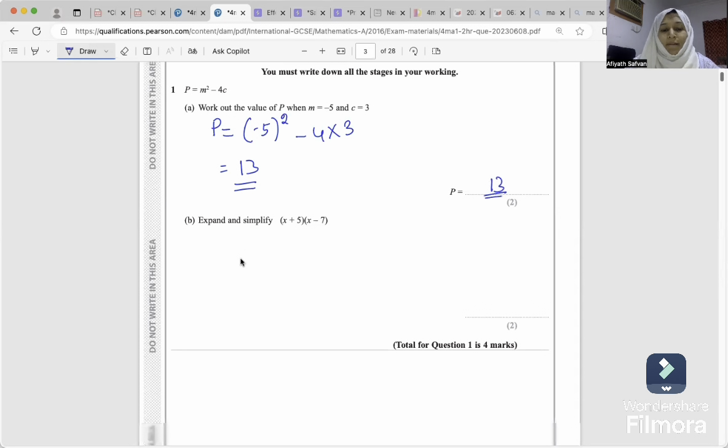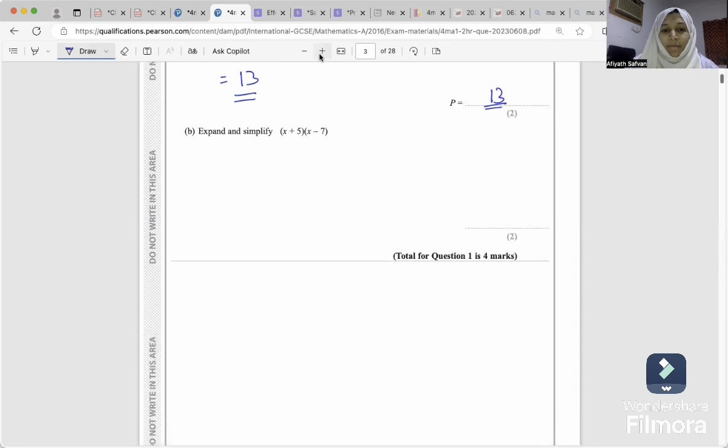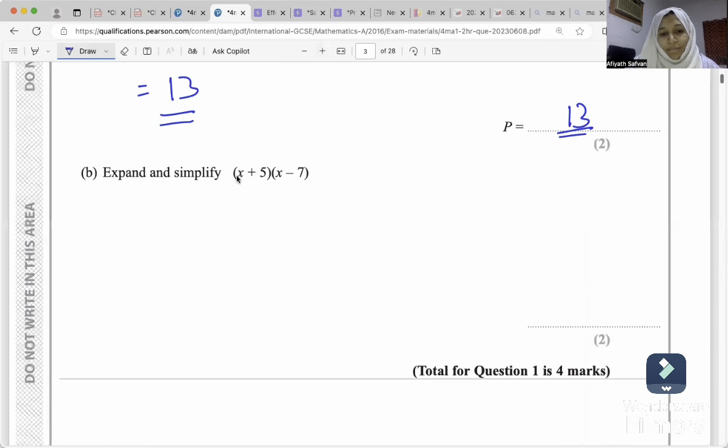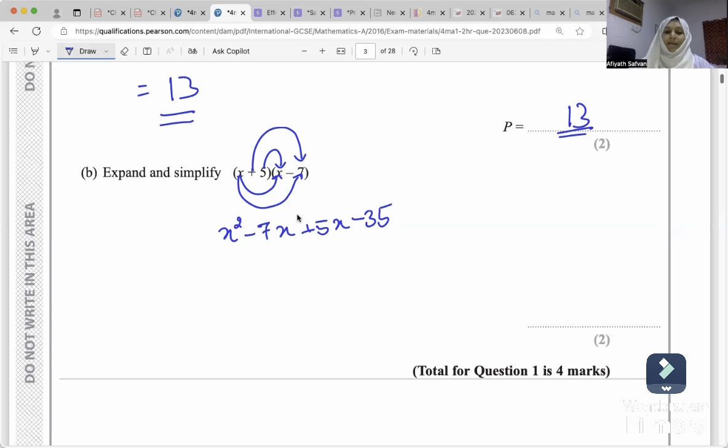Expand and simplify. We are going to solve this by the FOIL method, which is to multiply the first term with the first term, and the first term with the last term. Therefore, x squared, x into minus 7 is minus 7x, plus 5x, and positive 5 with the negative 7, which is going to be minus 35.